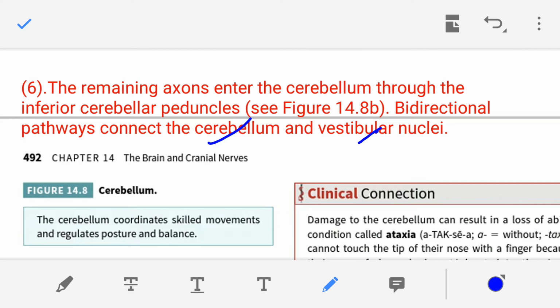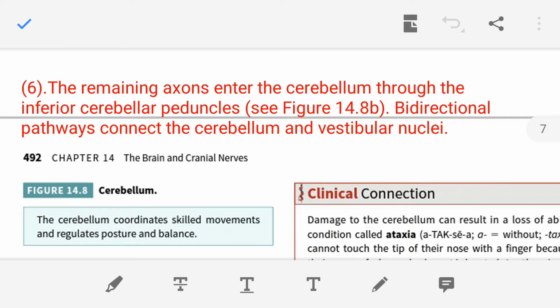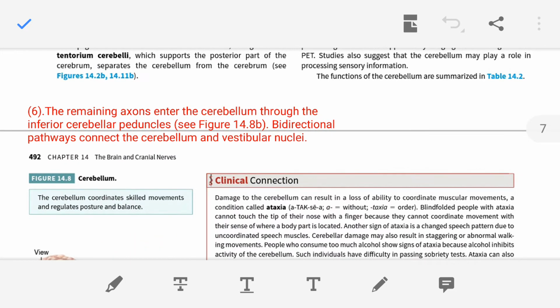We can understand it like this: between the cerebellum and the vestibular nuclei there are axon bundles, fibers, sending impulses from the vestibular nuclei to the cerebellum, and from the cerebellum to the vestibular nuclei. So this is the bidirectional pathway connecting the cerebellum and the vestibular nuclei.